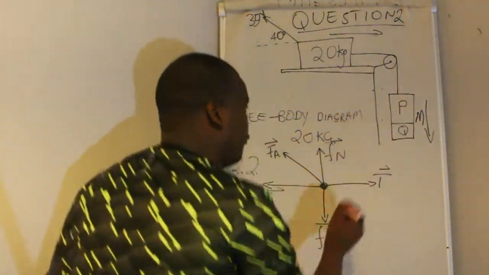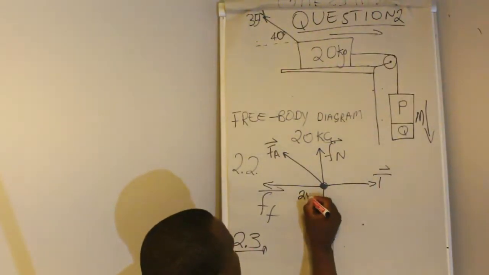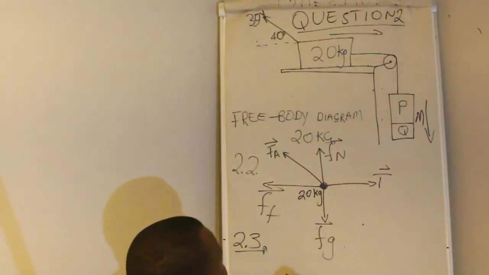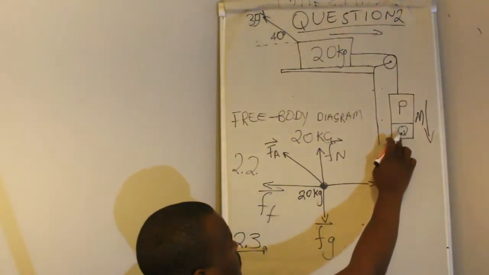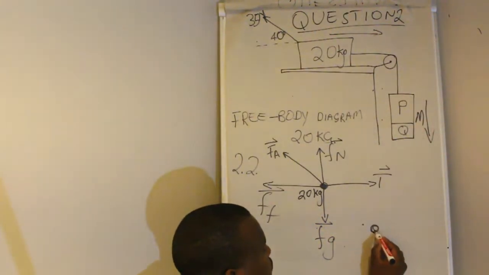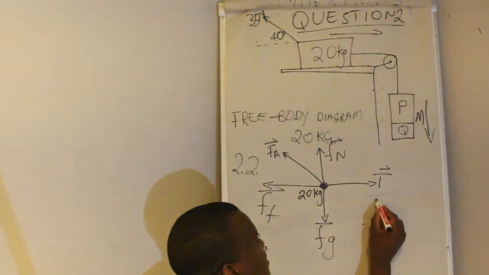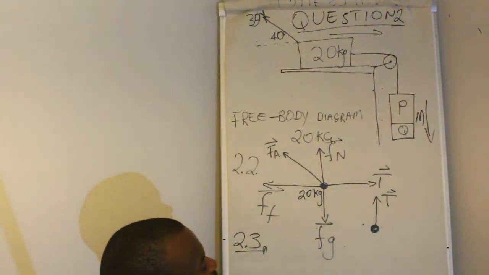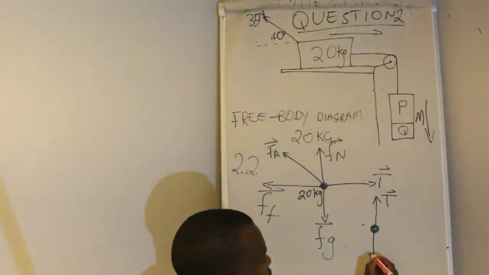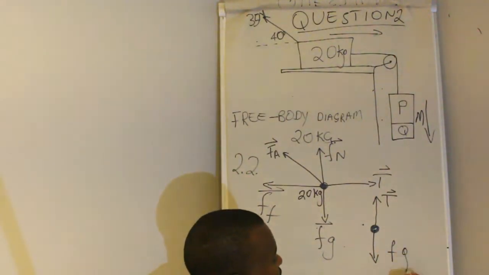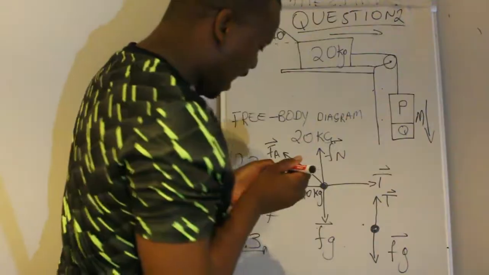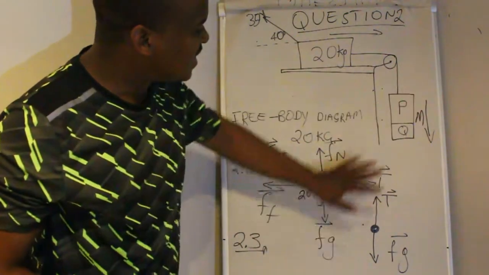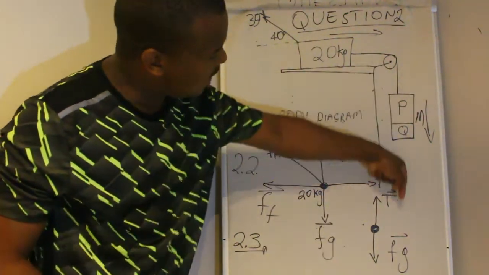So this free body diagram is for the 20 kg block, and here is the one for P and Q. This is the tension, which is equal to that one, but in the opposite direction. And this is the force of gravity, Fg, which is acting on this. There are two forces acting on this: the tension and gravity.